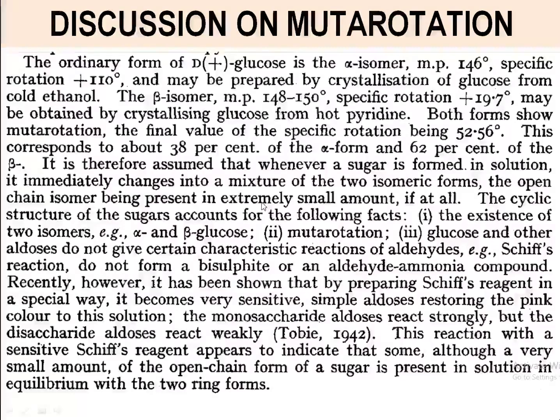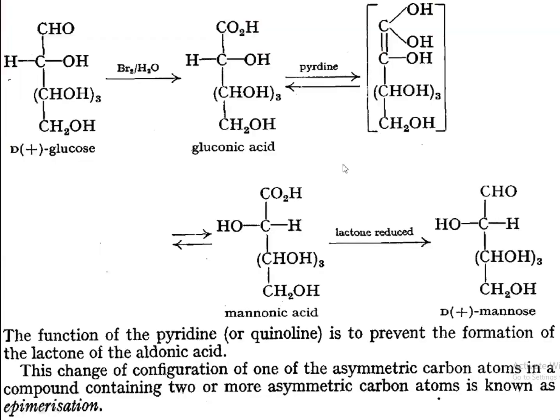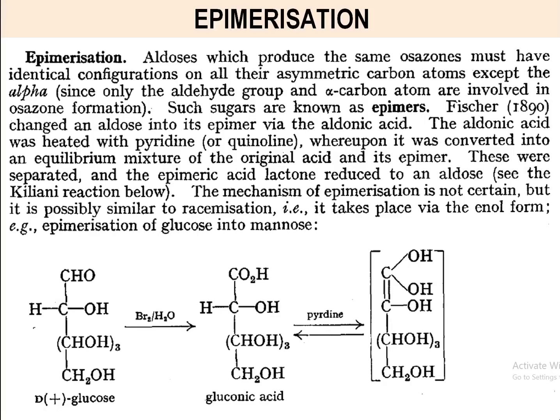As a conclusion, I would say that mutarotation occurs because we have two forms of glucose, the alpha form and the beta form, and then it reaches an equilibrium solution which consists of 38% of the alpha form and 62% of the beta form. As a result, the specific rotation of the final solution becomes 52.56 degrees.